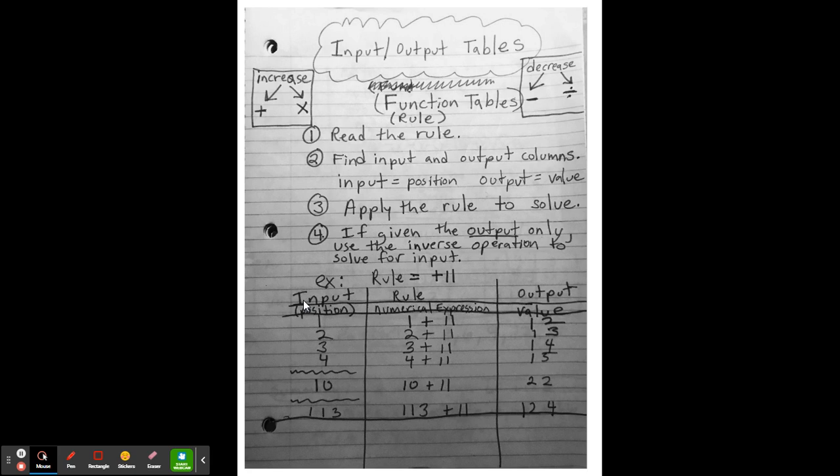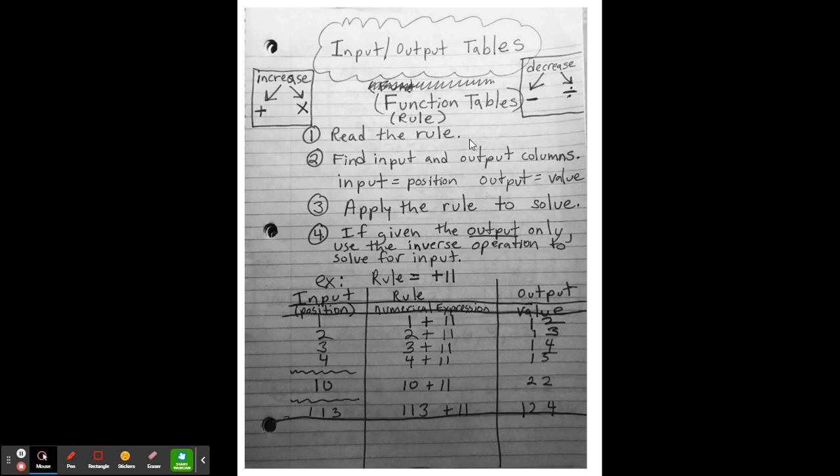So I would say input, rule, output to make my 3-column table. Also, you'll see it labeled as position for input, numerical expression sometimes written for rule, and value sometimes written for output.